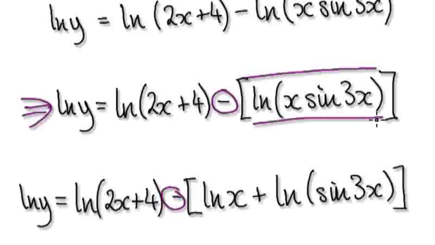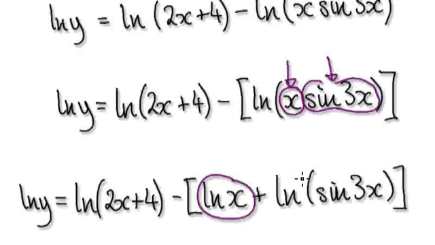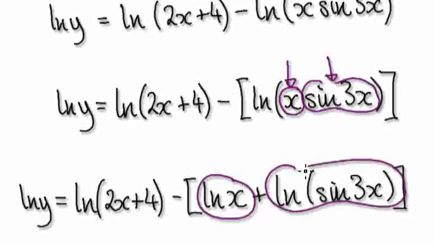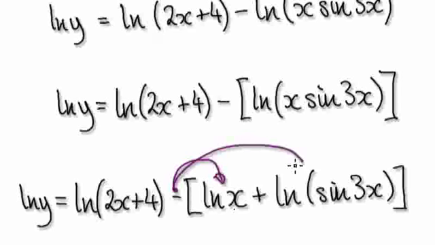The rest you've got to imagine as being like this. You've got one bubble multiplying with another bubble, so that becomes log of x plus log of this thing here. Okay, but remember that the minus is on the outside here. So later on it's going to be minus log of x and then minus log of this whole thing here.